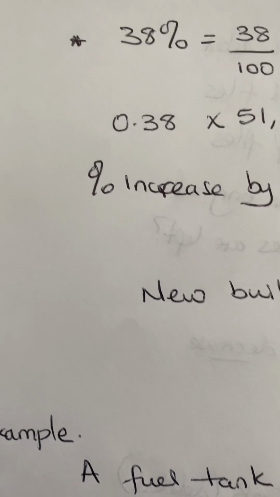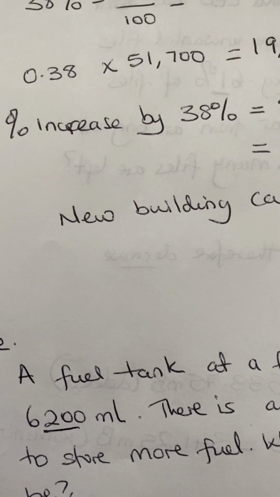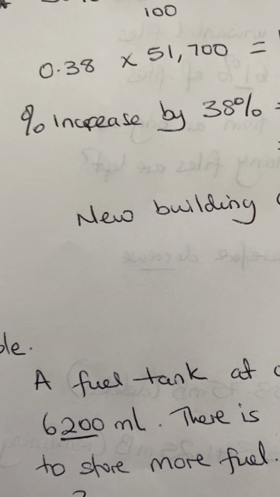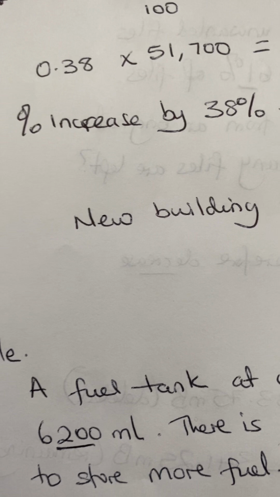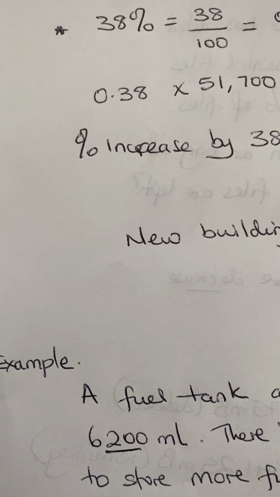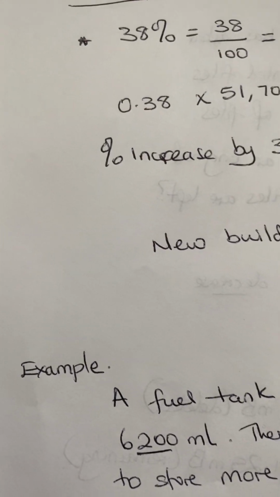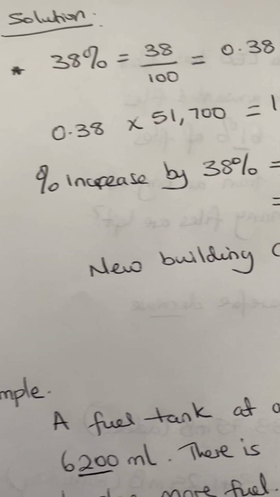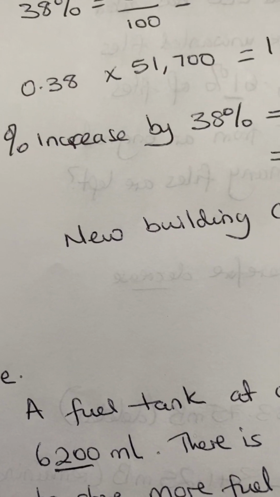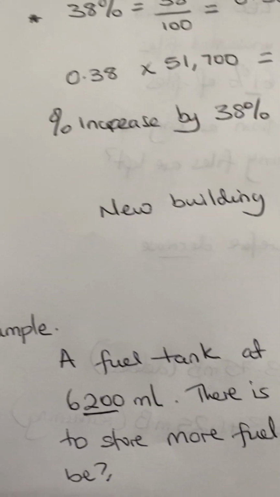We are just using one method today, because yesterday I showed you 3 different methods, but today I'm using this method and using the calculator as well, even though some of the work I can do off the top of my head. But assuming this is a calculator paper, this is how you can do it under exam conditions.